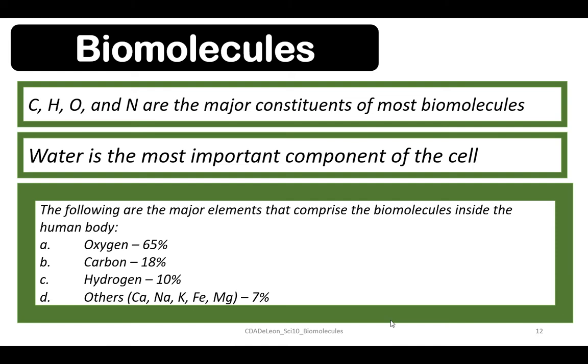The following are the major elements that comprise the biomolecules inside the human body, where the human body is composed of 65% oxygen, 18% carbon, 10% hydrogen, and 7% composed of derivatives such as calcium, sodium, potassium, iron, and magnesium.